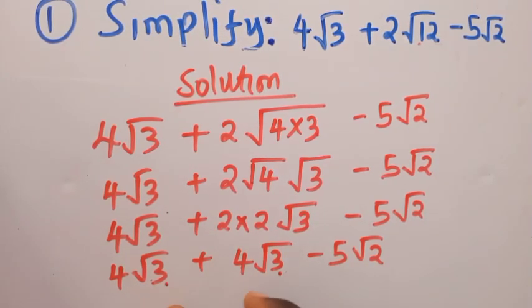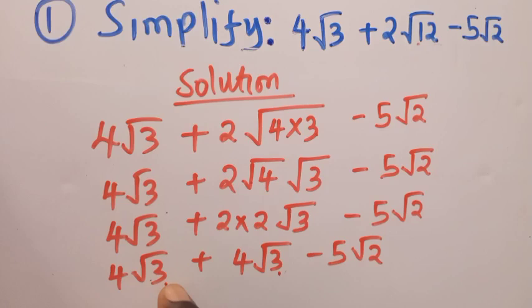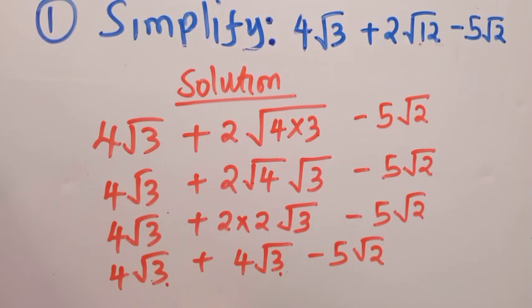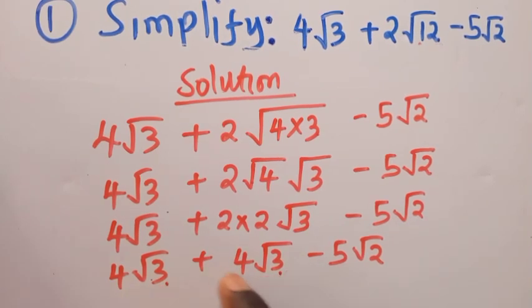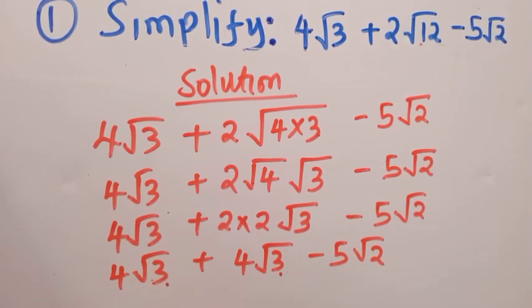That you consider if the number that is under the root sign is the same and if they are of the same order. Now in this case, they are of the same order because they are of order 2. Then the number that is under the root sign is the same, and therefore these are like surds, and therefore we collect them through addition.